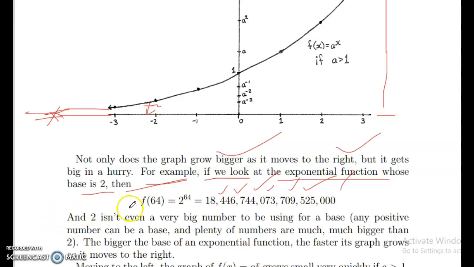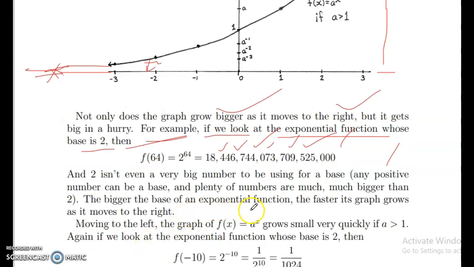And 2 isn't even a very big number to be using for a base. Any positive number can be a base, and plenty of numbers are much bigger than 2. The bigger the base of an exponential function, the faster its graph grows as it moves to the right.